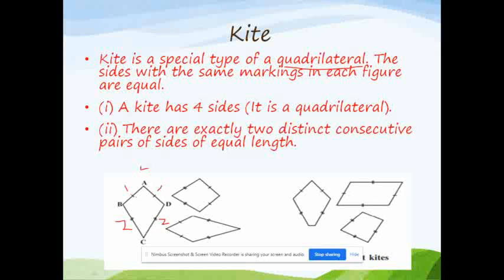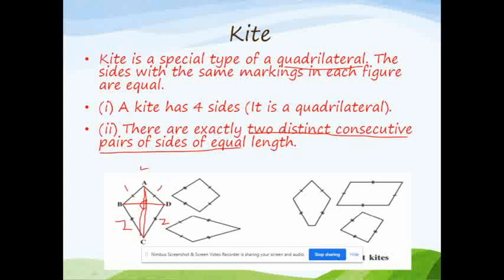That's why, when you connect the diagonals, you come to know this is easy to understand. So here the condition is two distinct consecutive pairs of sides. Consecutive means the next side.